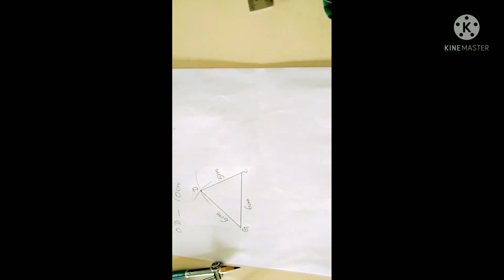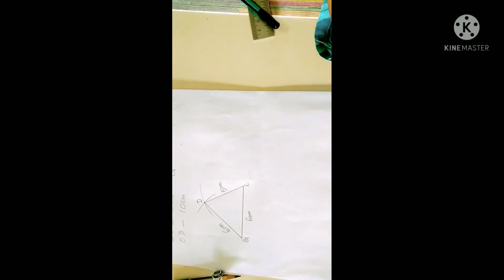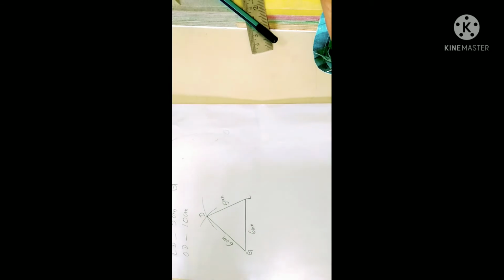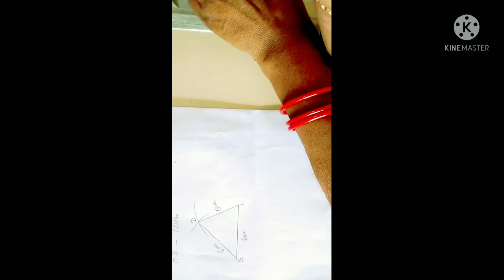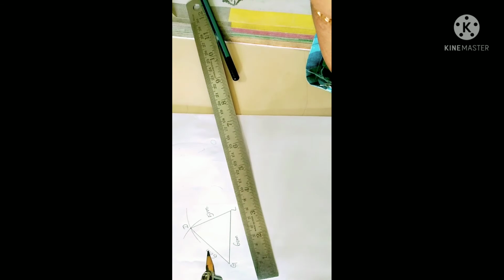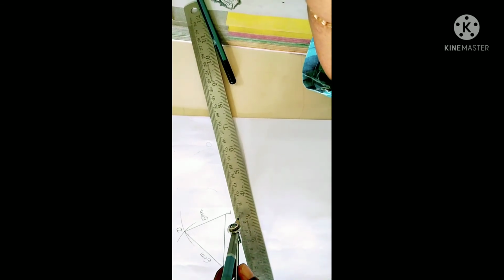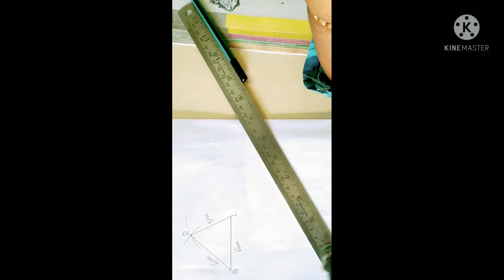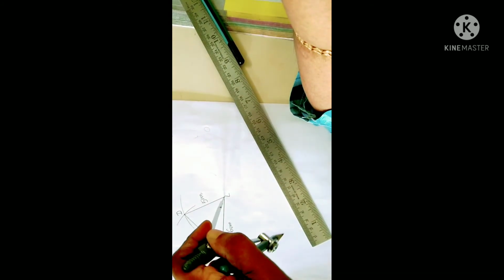Now, we know how to draw the lower part of the quadrilateral, that is from D to O it is 10 centimeter and L to O it is 7.5 centimeter. So, let us take first 7.5 from L to O. So, what we will do? Keep it on L and draw one arc.